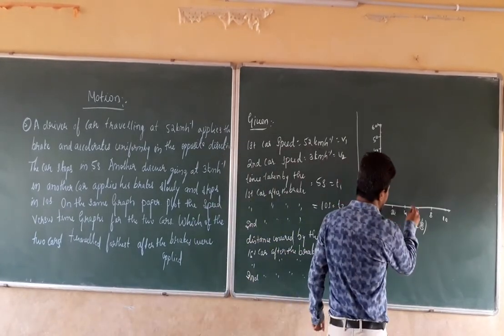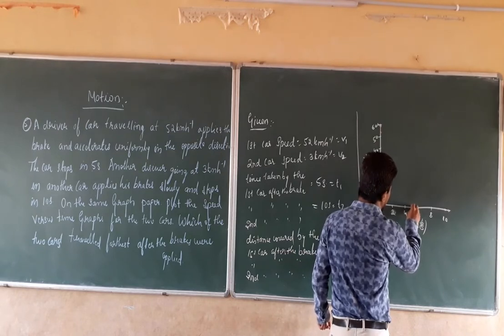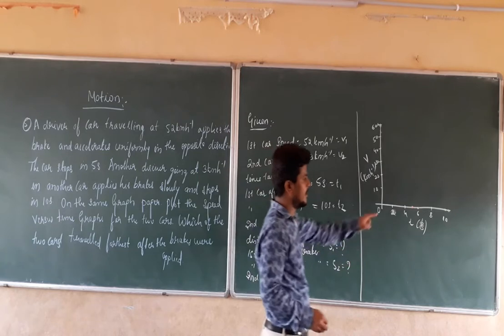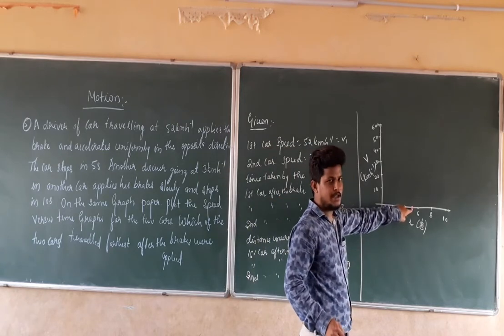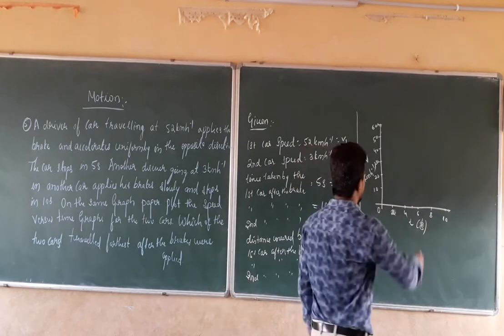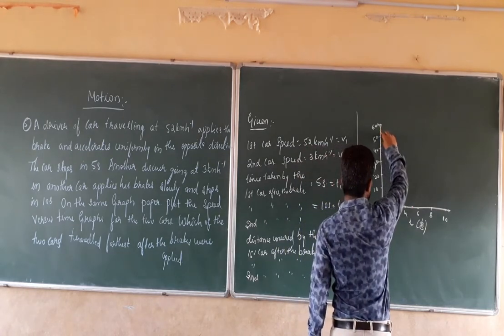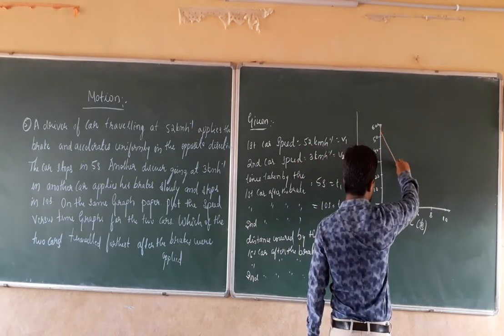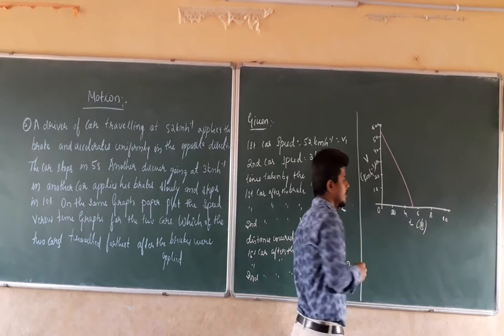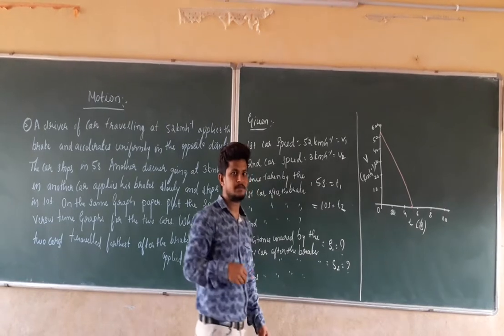So 5 seconds will be here, and the speed will be here. At this position, the speed of this car will be 0. So this is the graph for the first car.